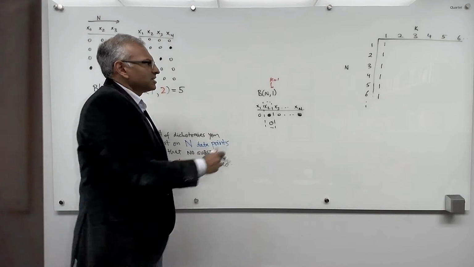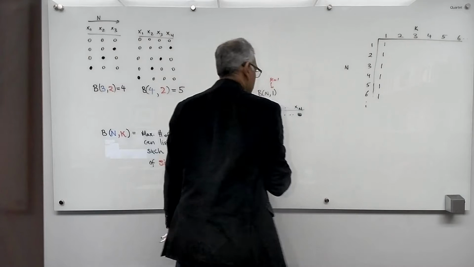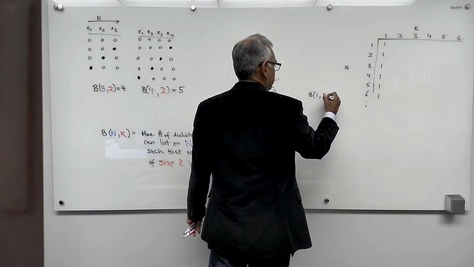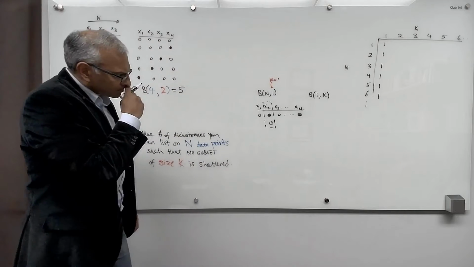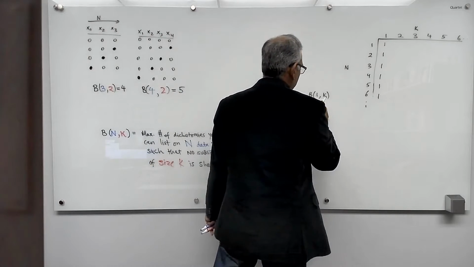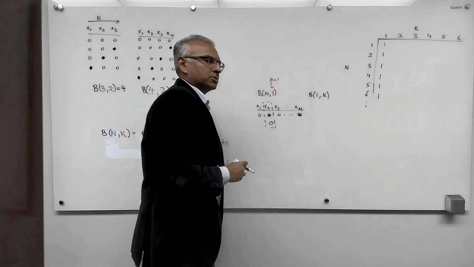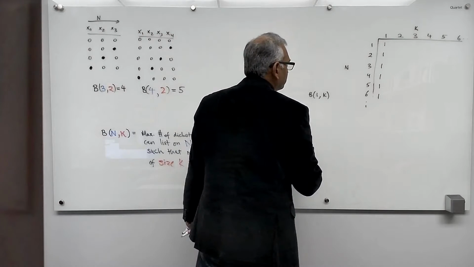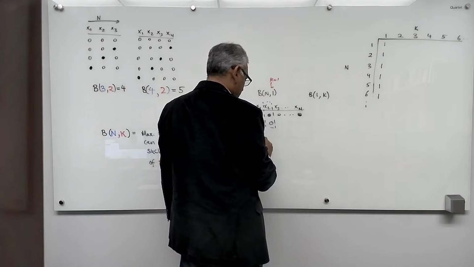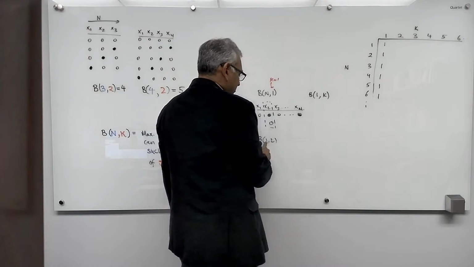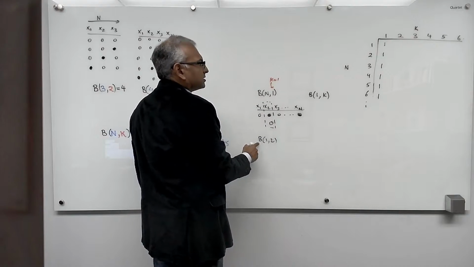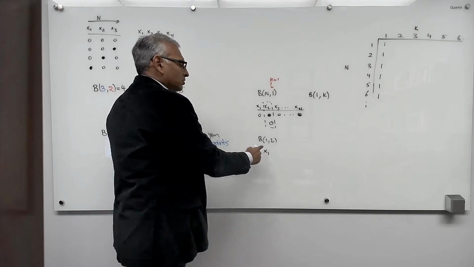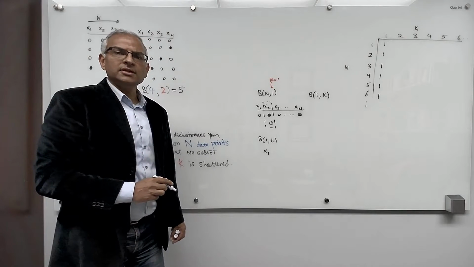Let's consider the case n equals 1. So B of 1 and k. Well, B of 1 and 1 we have already computed. What about B of 1 and 2? So the maximum number of dichotomies you can list on one data point, x1, such that no subset of size 2 is shattered.